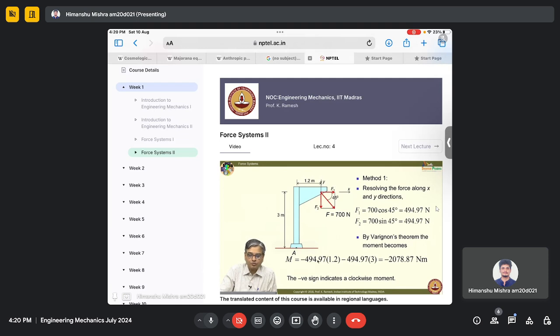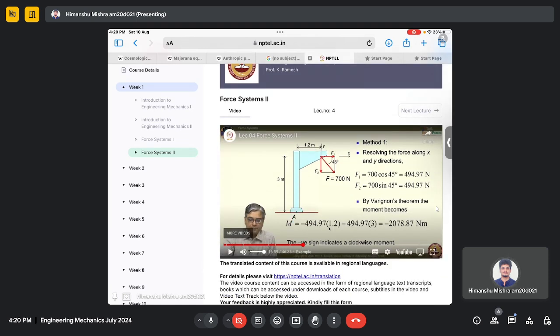Can you stop there, at 17 minutes? Now, this M is equal to this equation, M is equal to minus this. Can you please elaborate it mathematically? If we take the first one, let's say Fx is the x component of force, it is in the positive x direction, so it is positive. The distance is minus 1.2, that's why this comes out minus.